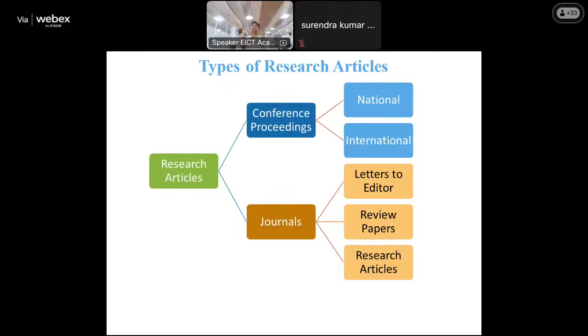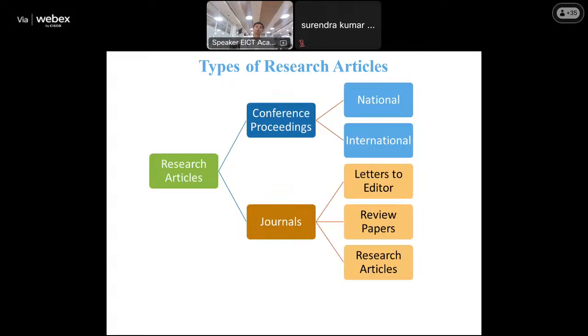It is not concentrated in only a single country. When the reviewers, authors, and even committee members are spread across various countries or regions, then we consider that an international conference. Clearly, when a particular conference is organized, it is mentioned whether it is an international conference or a national conference.